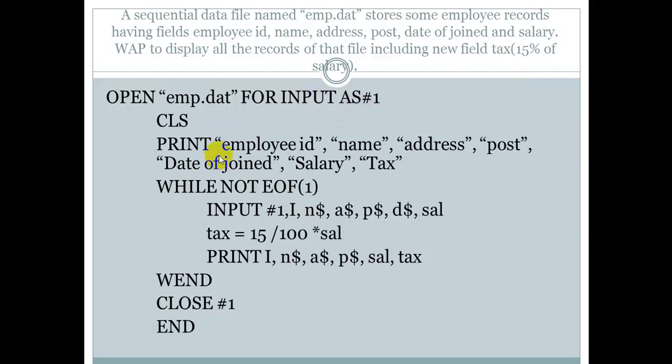Then like this PRINT statement, WHILE NOT EOF, INPUT #, this statement will read the content of the data file, and we should calculate tax after retrieving the content of the data file. Tax equals 15 / 100 * salary. After calculating tax we can print tax here. So this program displays the new field including tax.